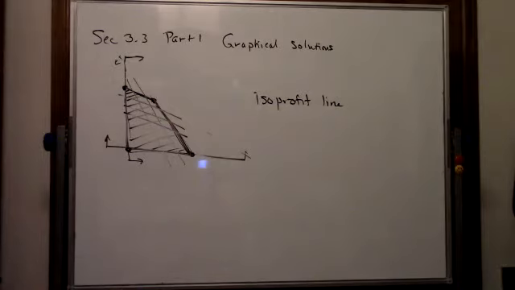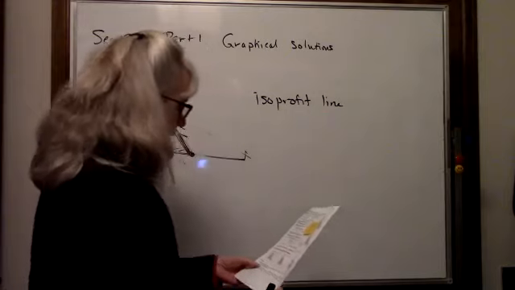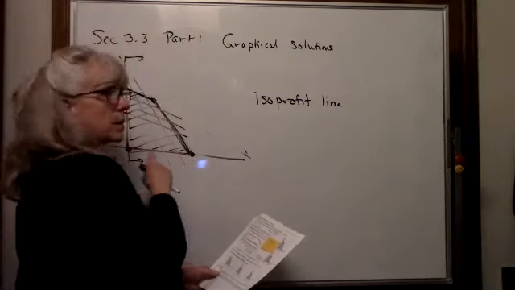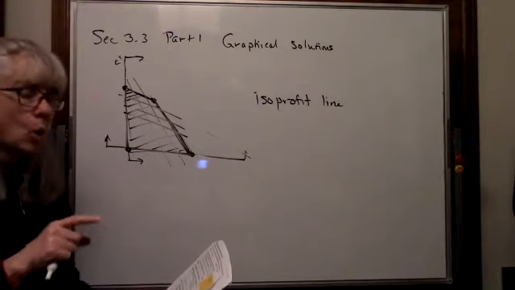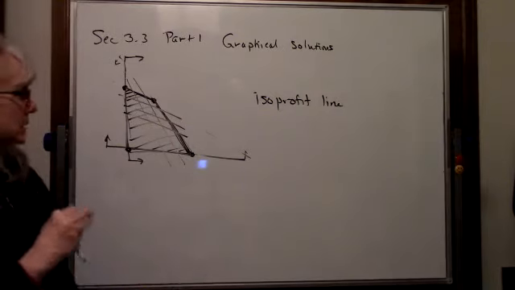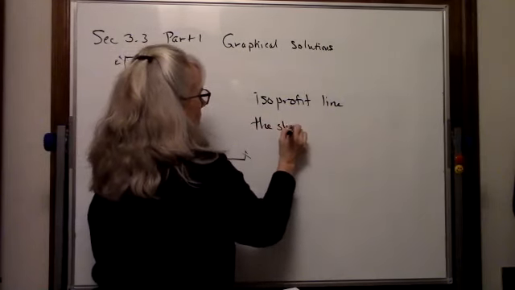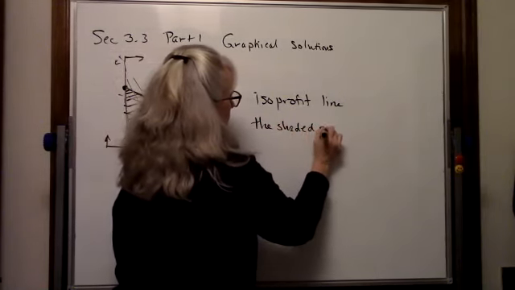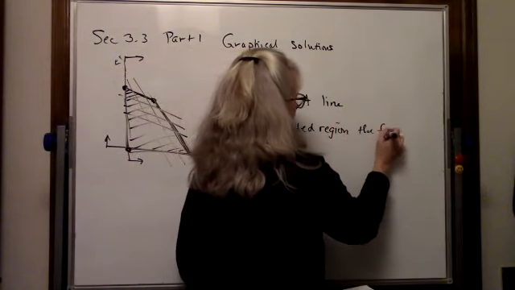Well, it just so happens we have a theorem, and this is Theorem 1 in your textbook, that basically says if a linear programming problem has a solution, then it must occur at a corner point of the feasible set. Okay, so the shaded region is what we call the feasible set.